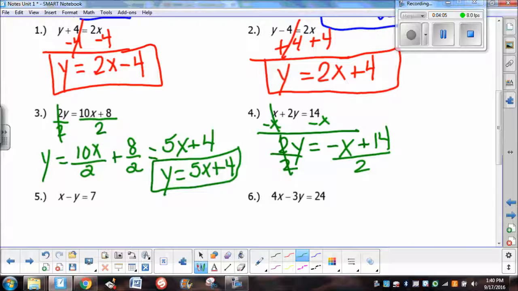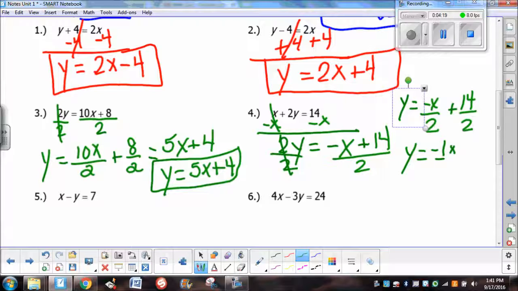So if I give everything its own denominator, negative x divided by 2 plus 14 divided by 2, and now I can simplify. That negative x, really that's a negative 1x divided by 2, plus, and then 14 divided by 2 is a nice 7. I just isolated y all by itself.